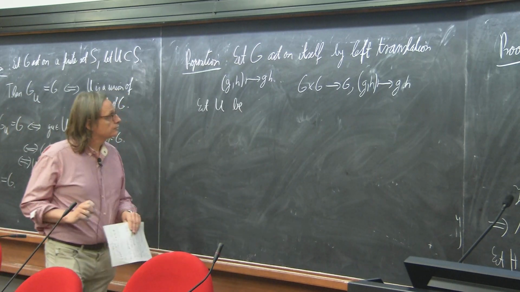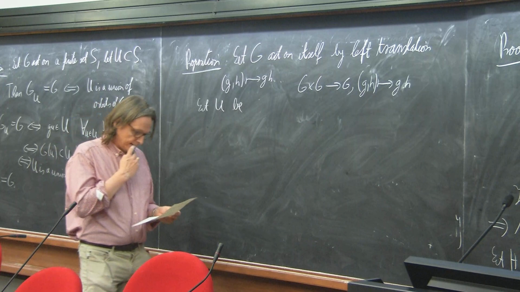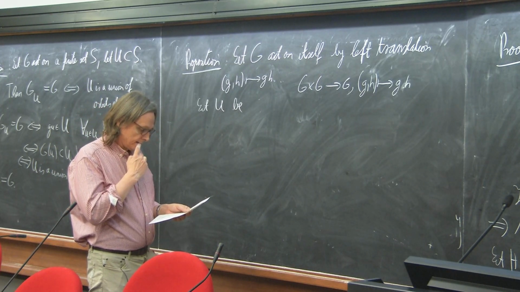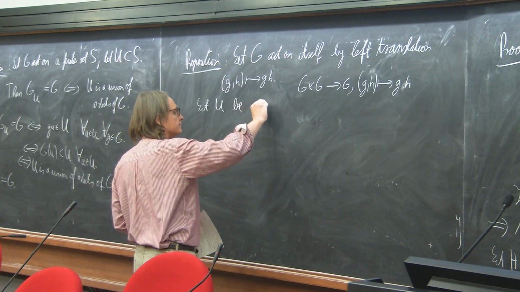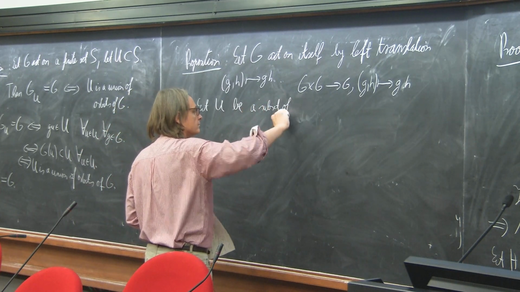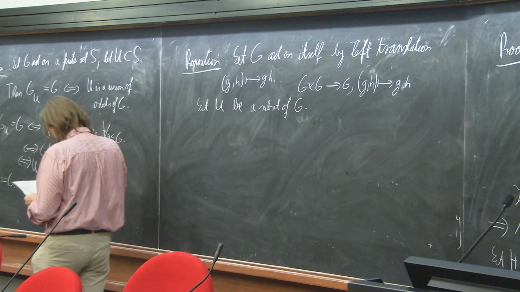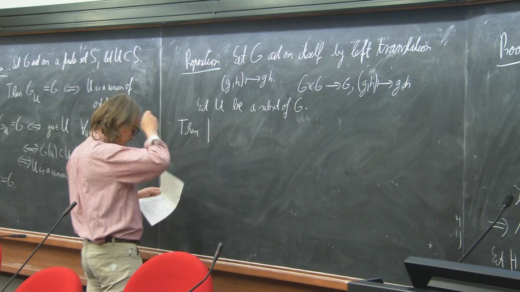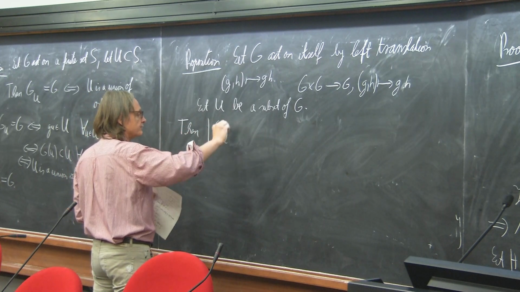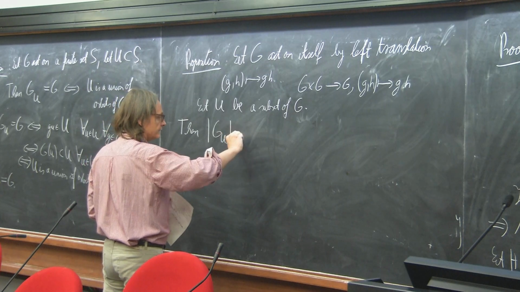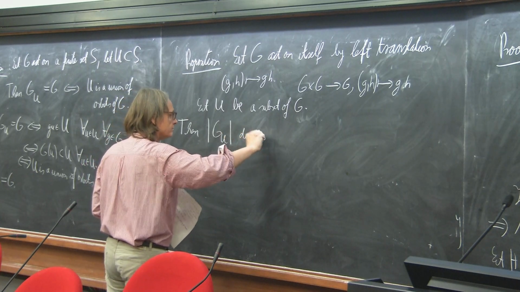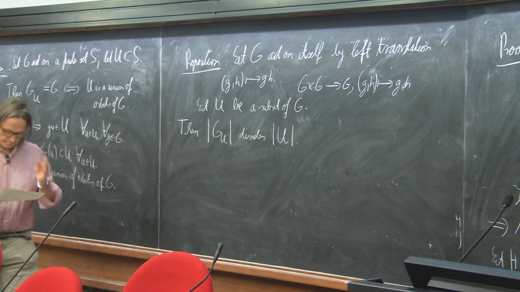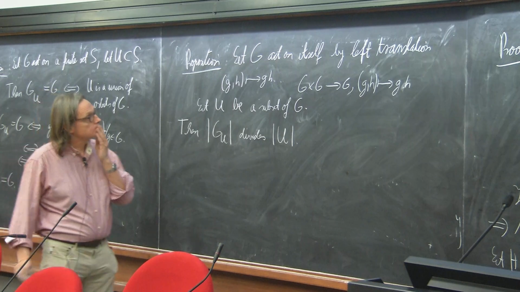So let U be a subset of G. Then the order of the stabilizer of U will have to divide the order of U. Okay?